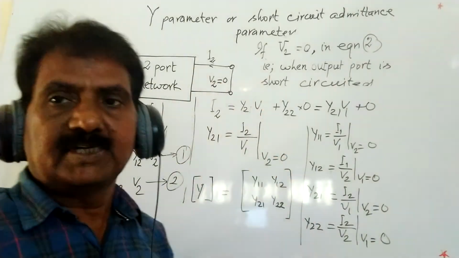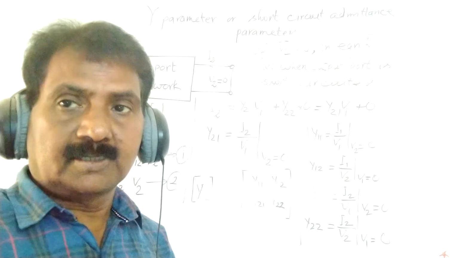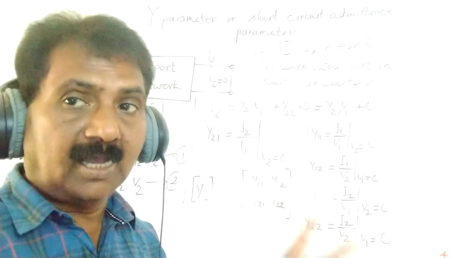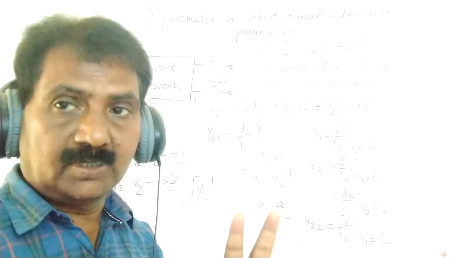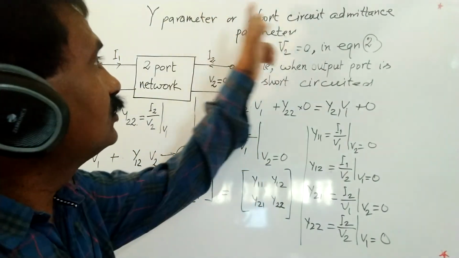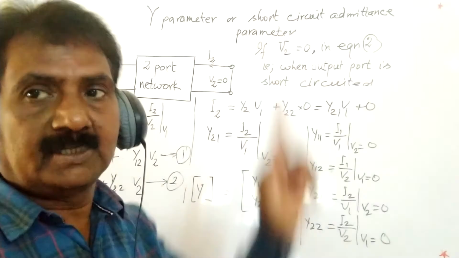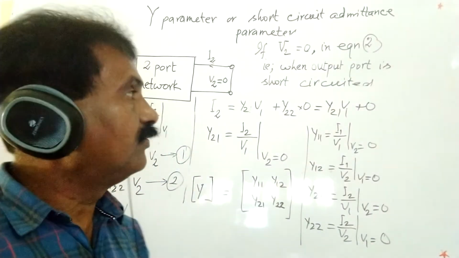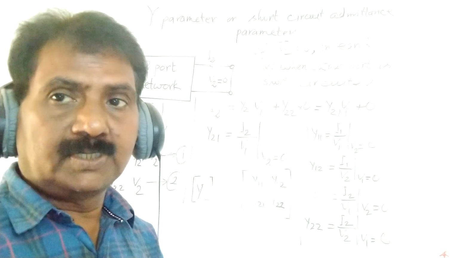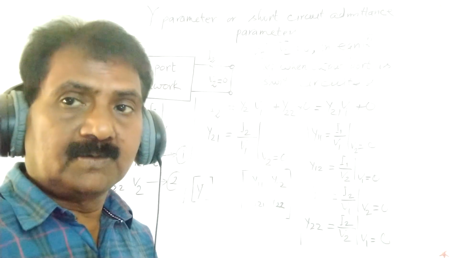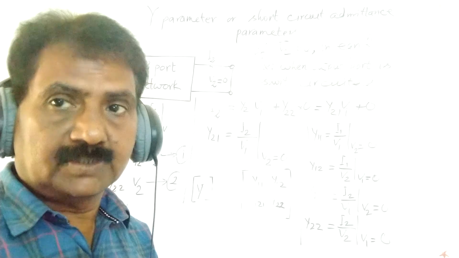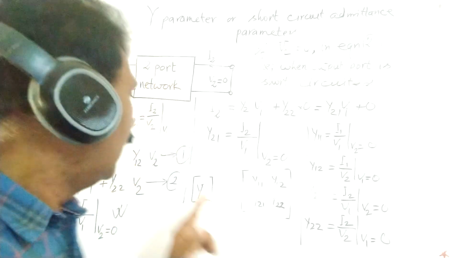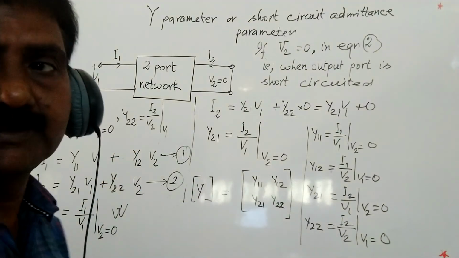Z parameter was the open circuit parameter. It means we had taken I1 and I2 equal to 0. Here this is the short circuit admittance parameter. Here, in place of making I1 and I2 zero, we will make V1 and V2 zero. It means short circuit.